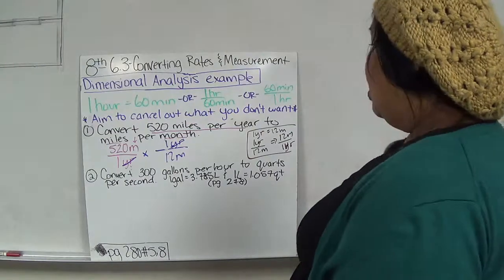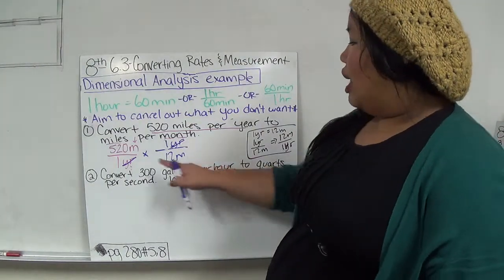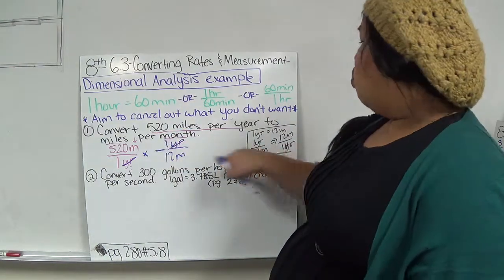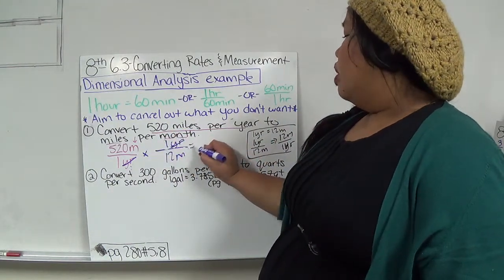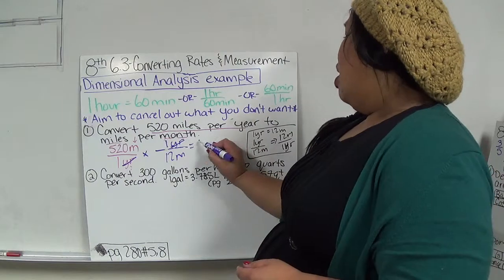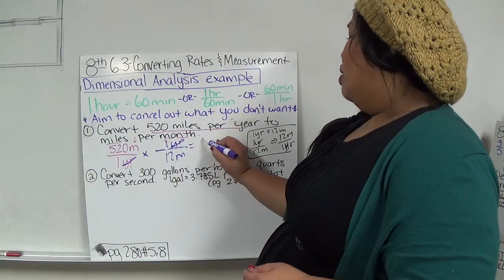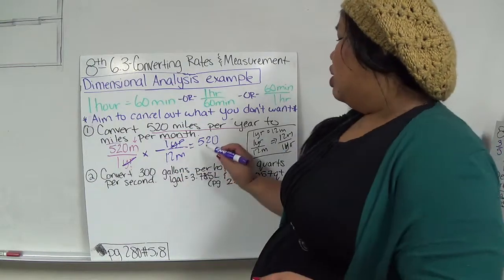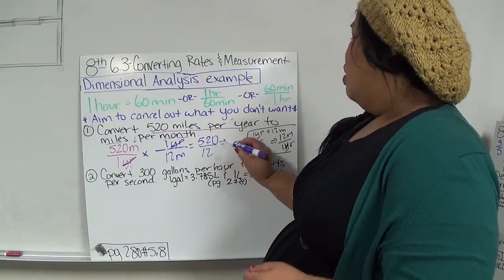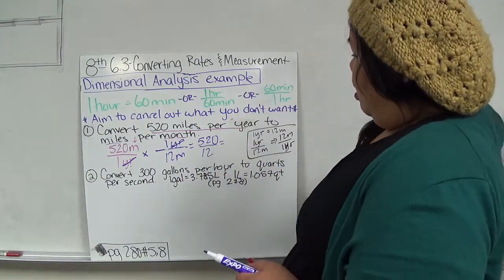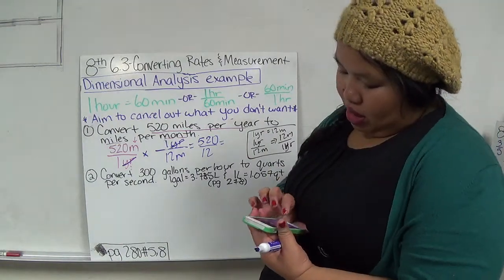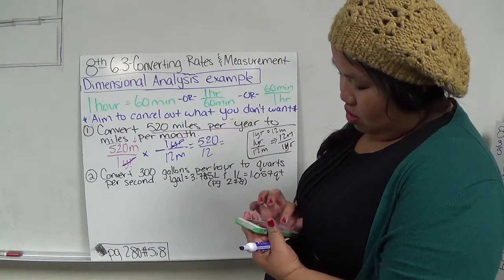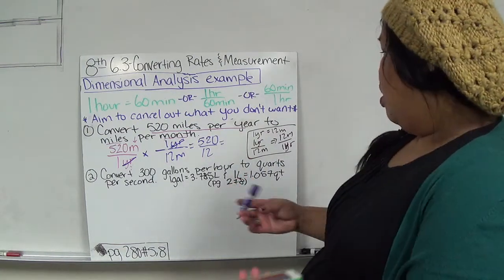So what I want to do here is choose the one that cancels out. If the year is on the bottom here, then I need to pick the one where year's on the top. Okay? And then I just multiply across. 520 times 1 equals 520. And 1 year times 12 is 12. If I do the math on my handy dandy calculator, 43.3.